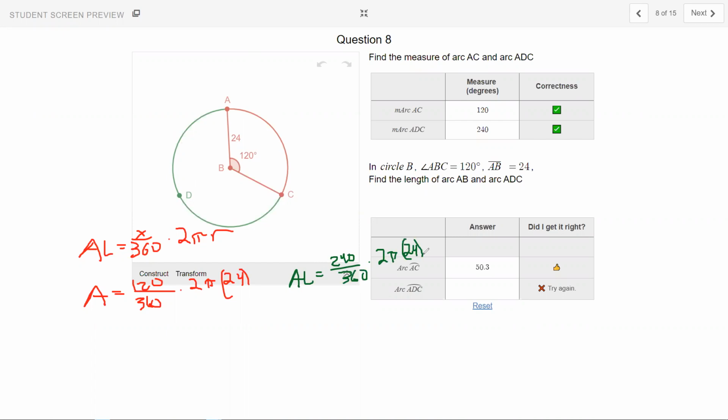Right, so I can put that in: 240 divided by 360 times 2 times pi times 24. It gives me 100.5. And that makes sense because it should be twice as big. Right? It's twice the angle measure. It should be twice as big as the other arc.